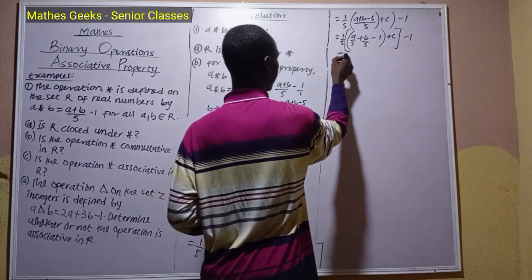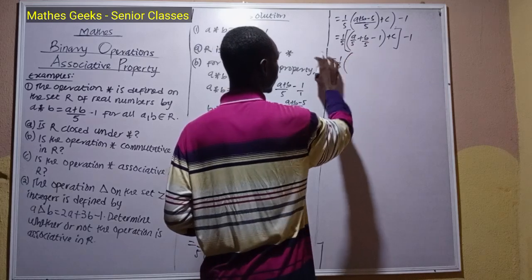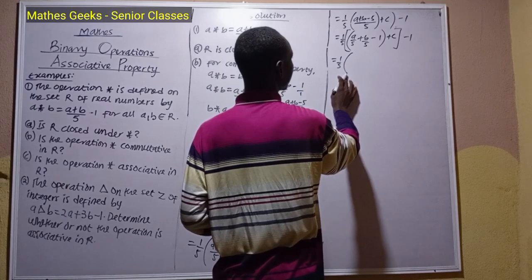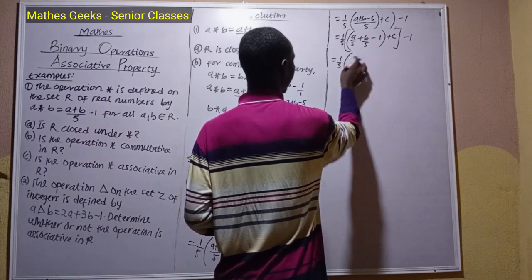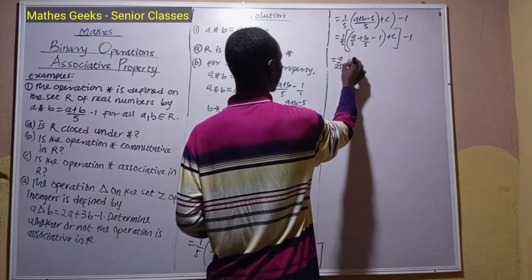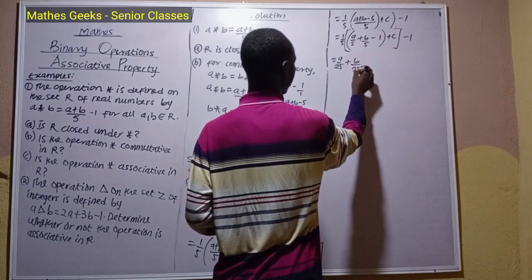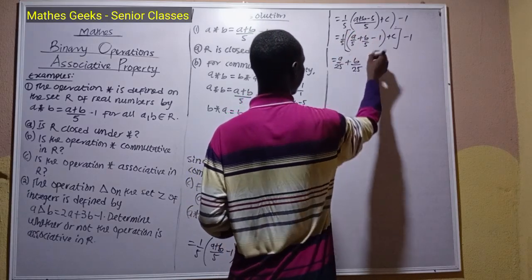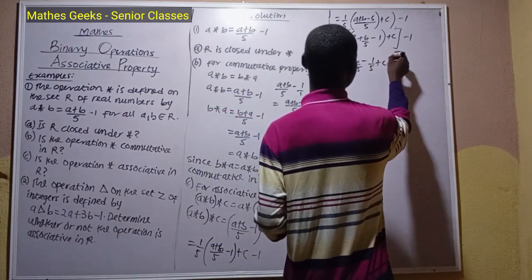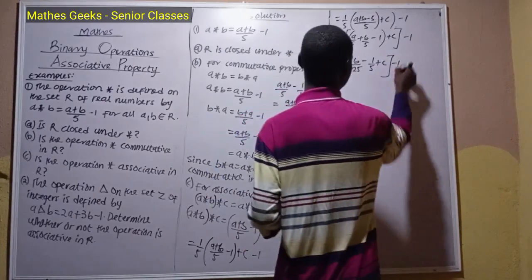So let's open this bracket and multiply through. 1 over 5 times A over 5 will give us A over 25, plus 1 over 5 times B over 5, B over 25, plus 1 over 5 times minus 1, minus 1 over 5, plus C. Then minus 1.